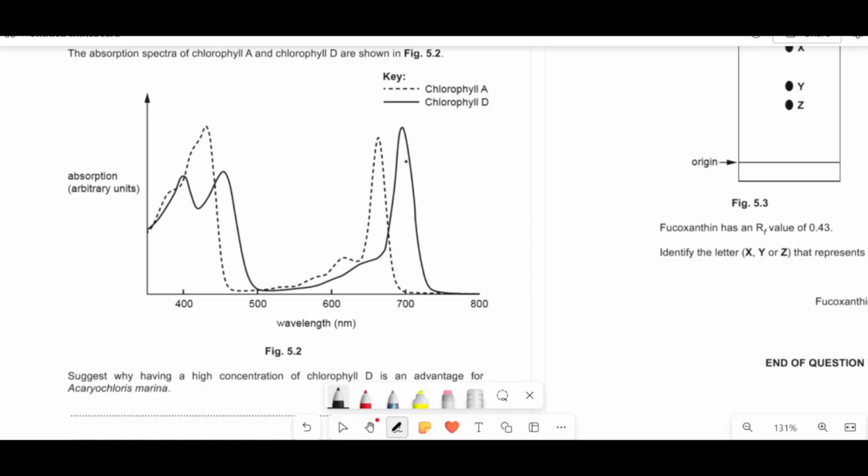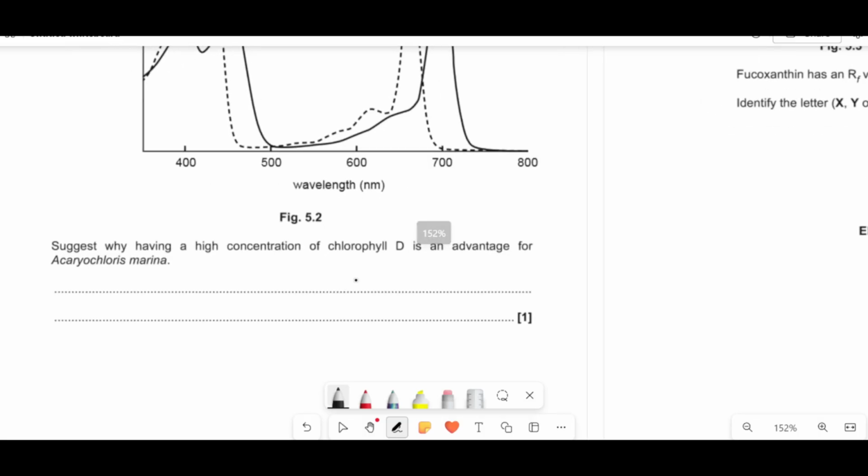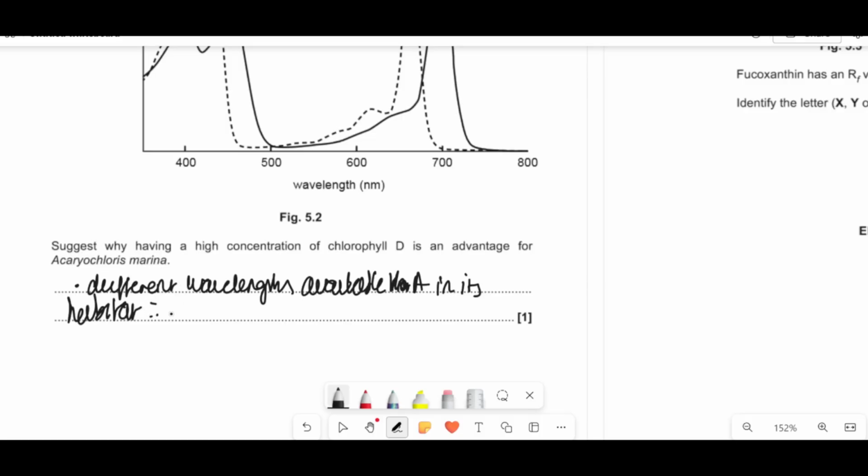It's absorbing all of these wavelengths that A isn't really absorbing. So what might be going on is that there are different wavelengths available in its habitat than for A. Therefore, it's absorbing more of these wavelengths.